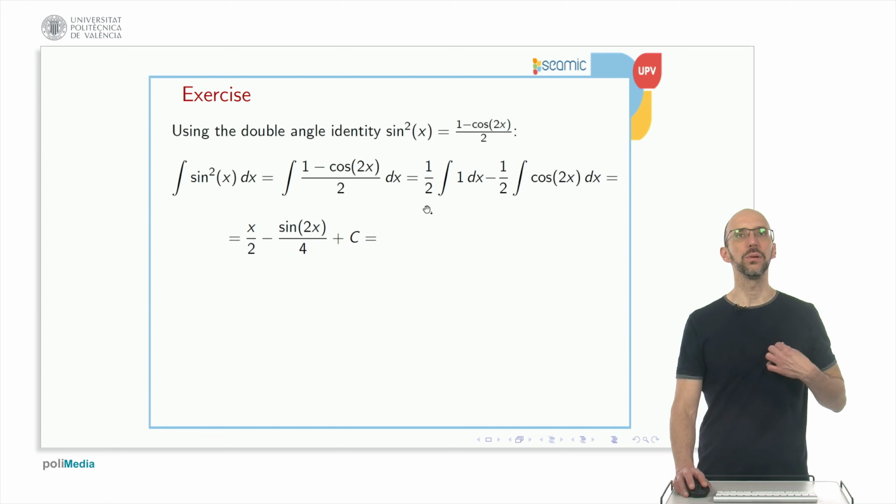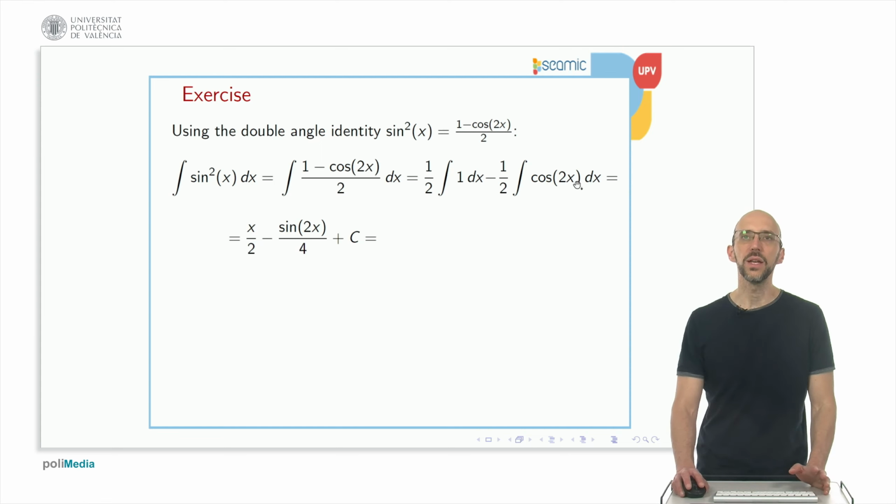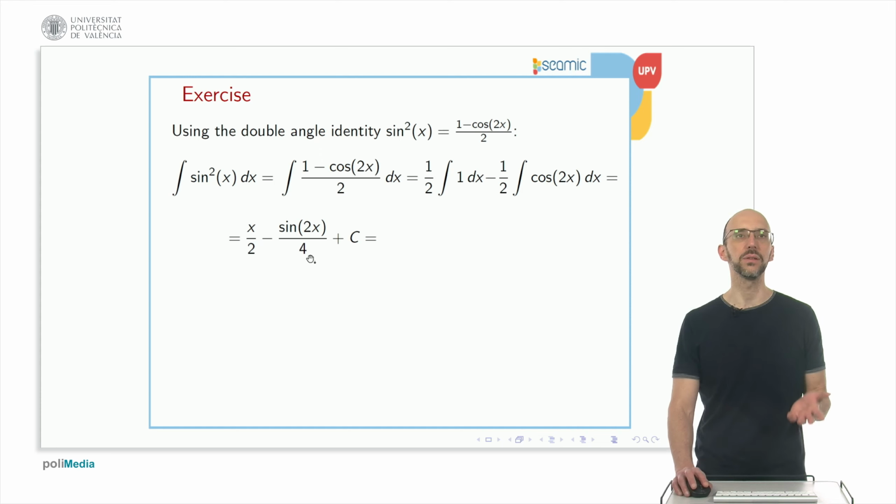If I put a 2 here, I need to add 1/2 more outside, because again I need a 2 in here, so I put 1/2 here. 1/2 times 1/2 is 1 divided by 4. That is the reason this 4 appears. And then the integral of cosine of 2x times 2 is sine of 2x. So the integral is done.